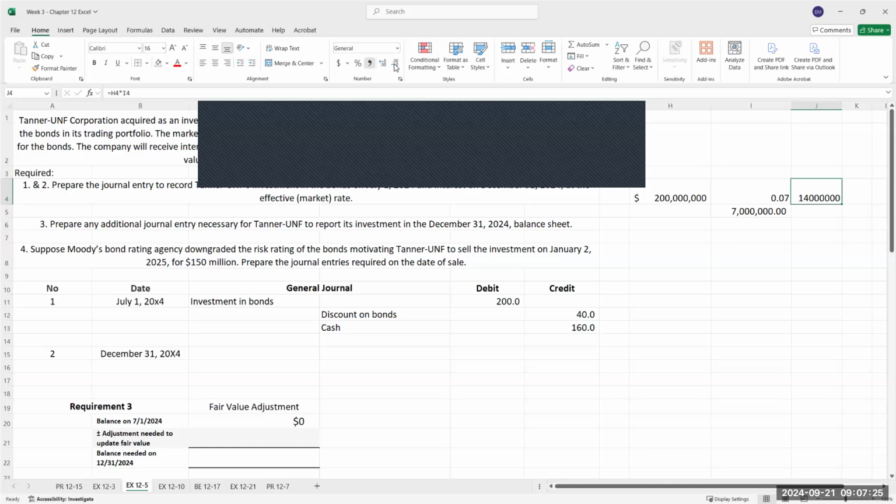So therefore, $7 million represents the interest that they're promising to pay us. So we debit our cash because we're receiving 7.0. This is how much Tanner UNF Corporation has promised to pay us.